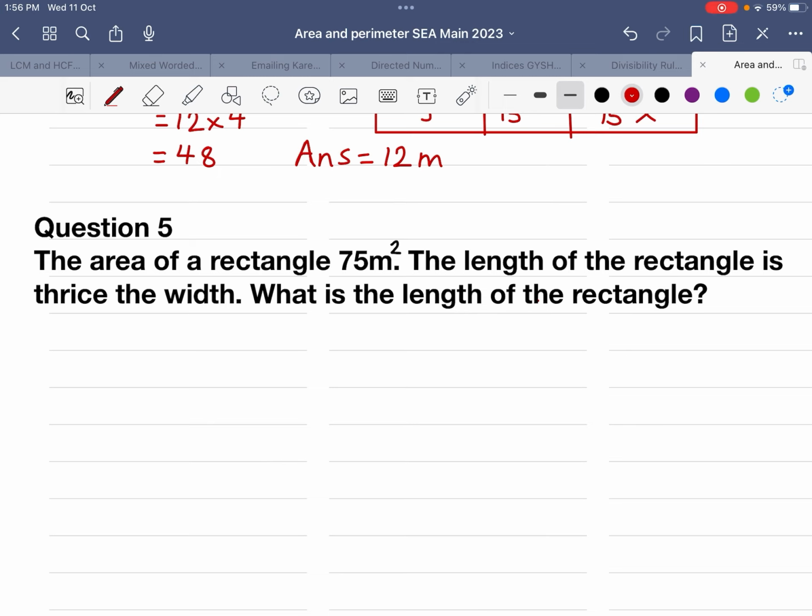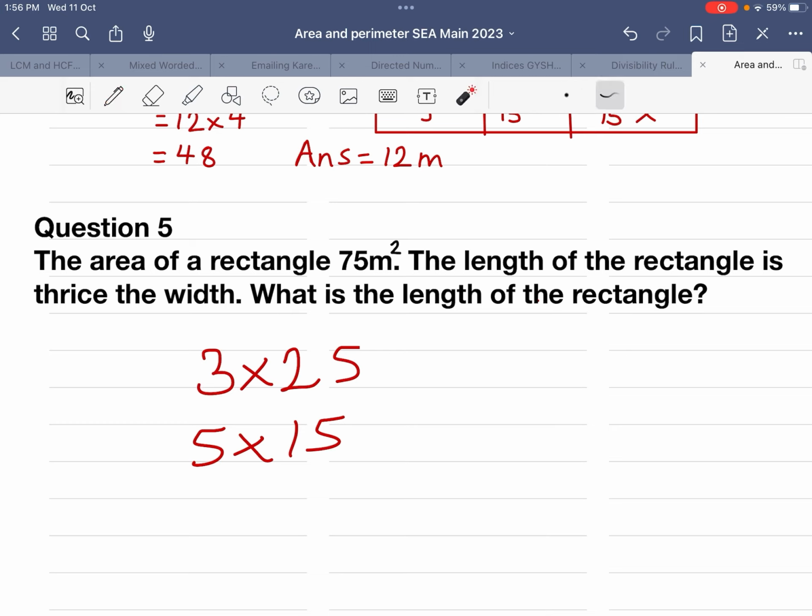We can try 3 times 25. We can try 5 times 15. Those are two popular ones. Right, already we can see that 5 times 15 will give you 75, and 15 is also 3 times as much as 5.